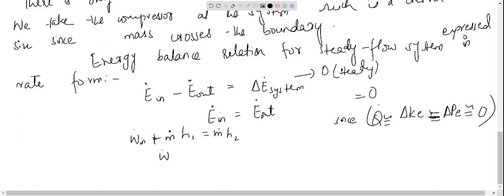So the power input is m dot times H2 minus H1.